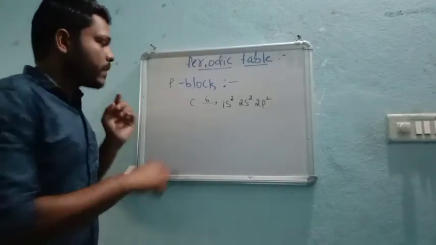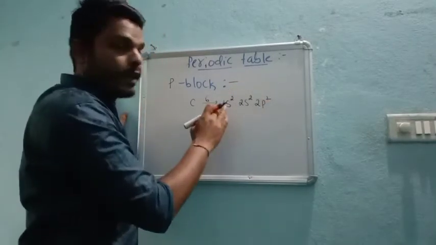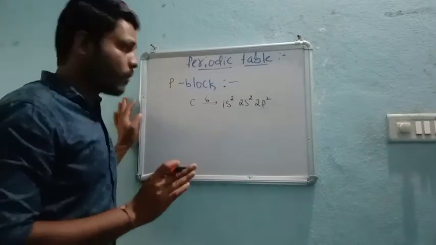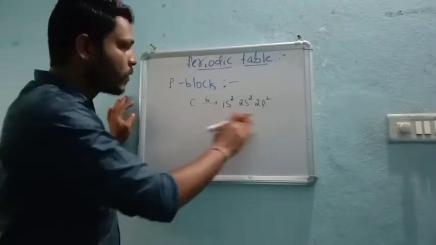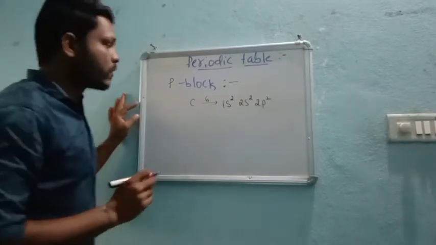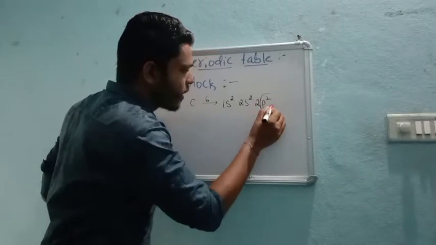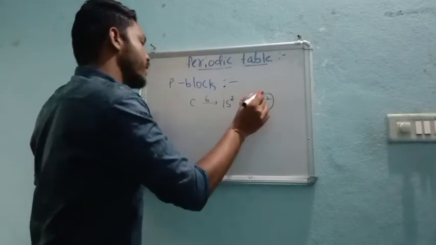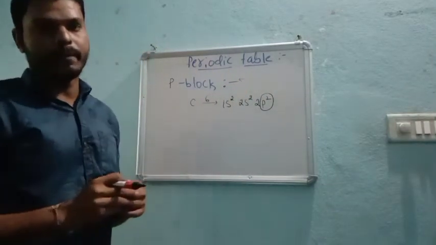The total is 6 electrons, so I have filled them in their respective subshells with respect to the energy levels. Here the last electrons are entering into the p subshell. So carbon is a p block element.